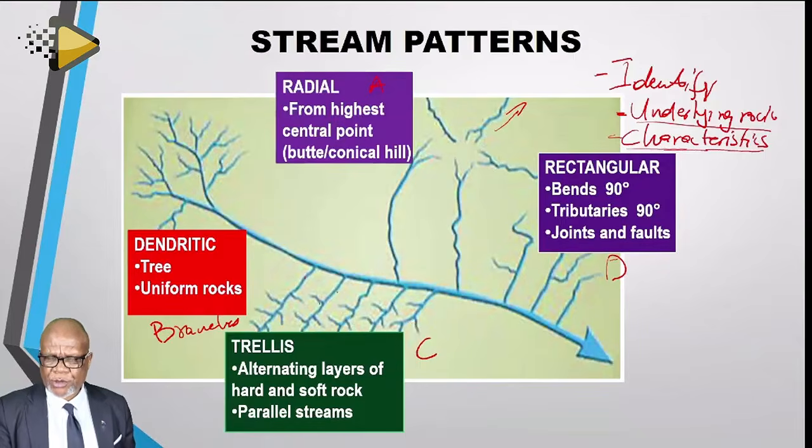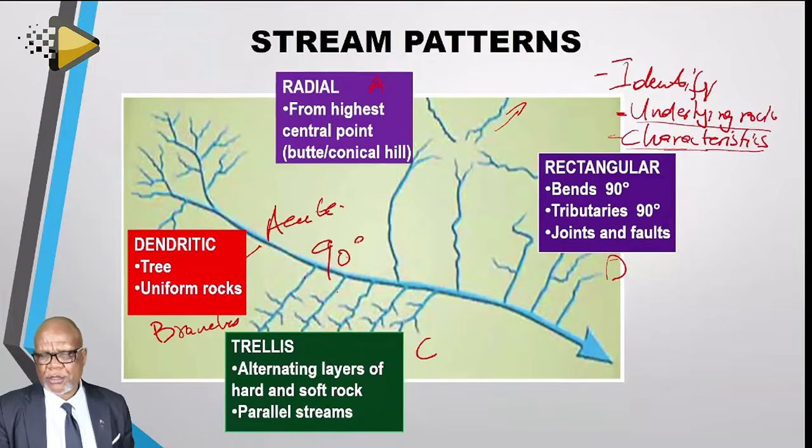It has short tributaries. Here the tributaries are acute, and here the tributaries are 90 degrees. So that is the difference you should know. And here, the tributaries are shorter. And then with the rectangular pattern, you must know that the streams follow the joints or the bends in the main river.